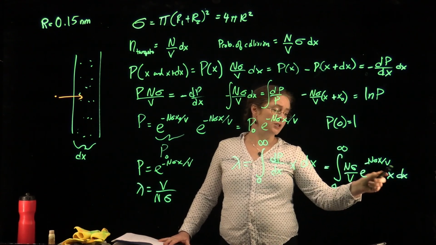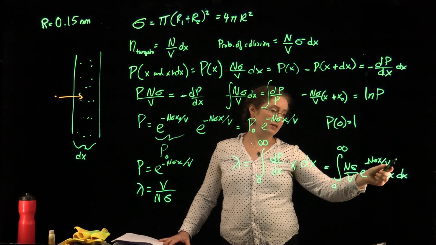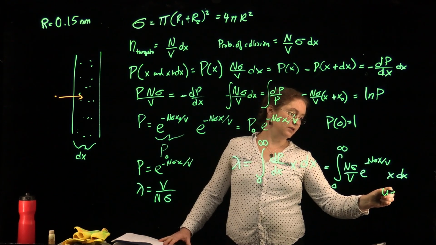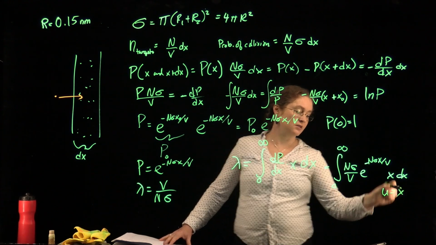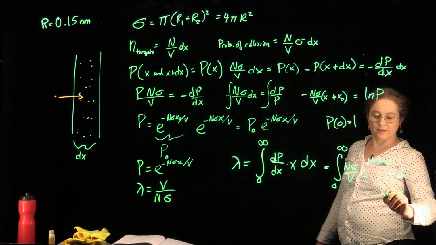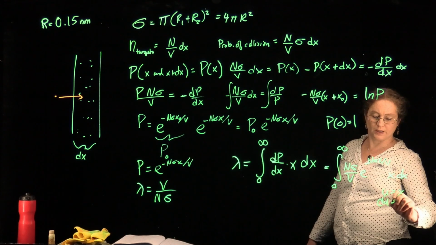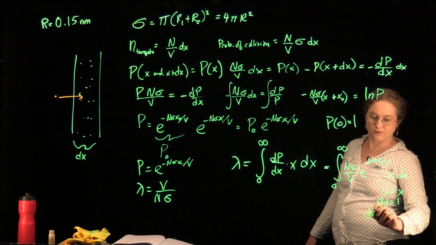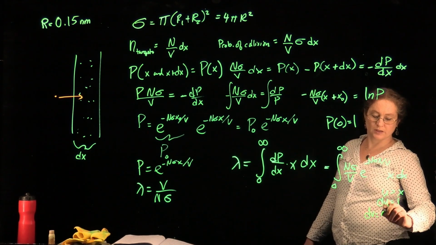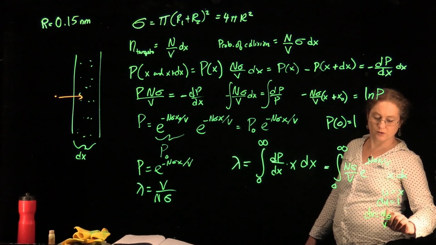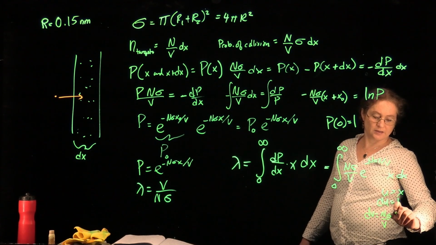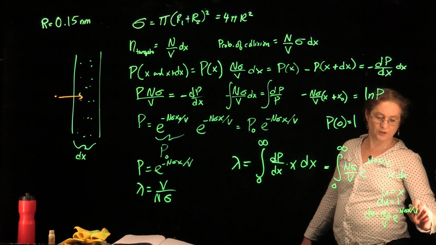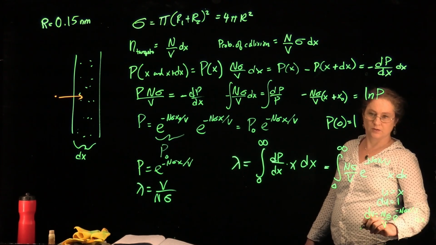One function is x, so you could do u equals x. That means that du equals 1, dv equals n sigma over v, e to the negative n sigma x over v dx.